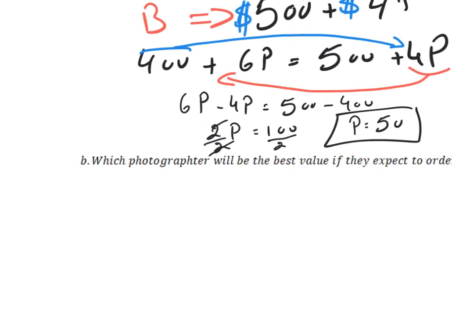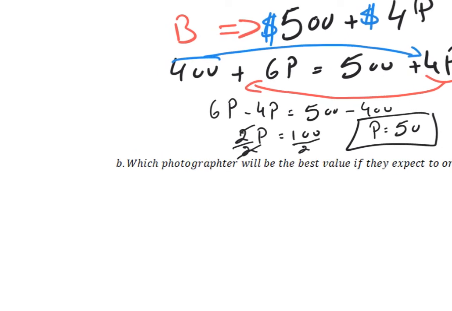So let's go for photographer A here. He charges $400 plus 6p, and photographer B charges 500 plus $4 for each print.